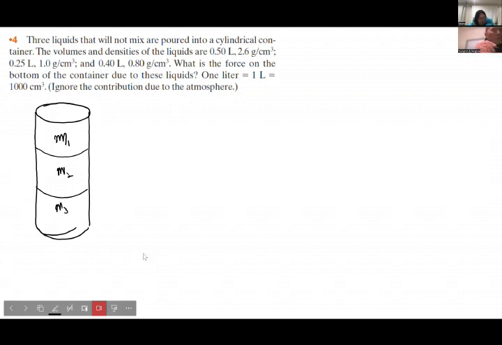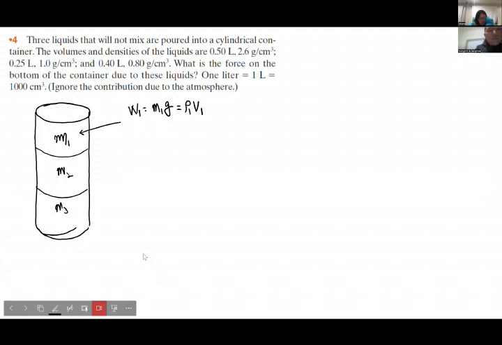So we have to estimate the weight of each individual liquid first, and from that we can estimate the total weight of those liquids. The first one, the liquid on top, has weight W1, which is mass times gravitational constant G, also expressed with the density of the liquid times volume.